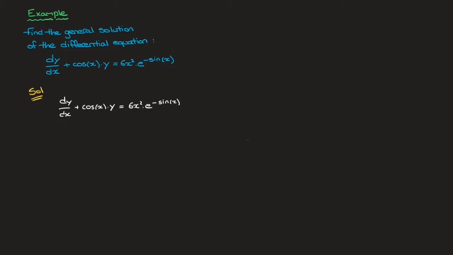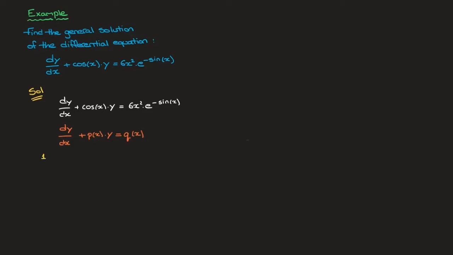In other words, this equation is written in the form dy/dx plus p of x times y equals q of x. If there were a function multiplying the dy/dx, then the first thing we would have to do is divide each side of the equation by that function so that it's written in this form. But in this case, we don't have to do that, and so to solve it, we can follow two steps.